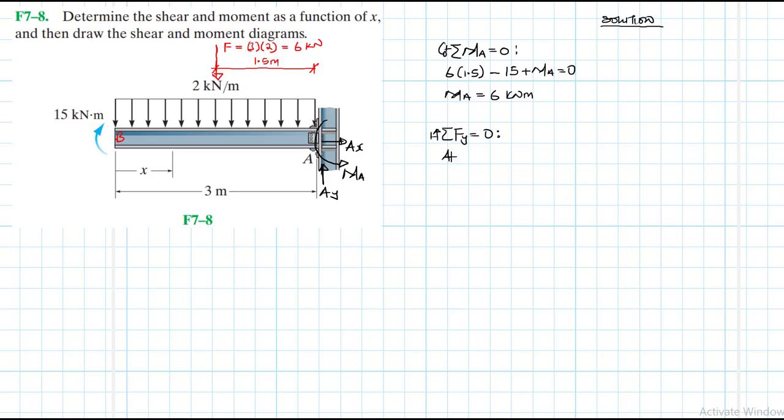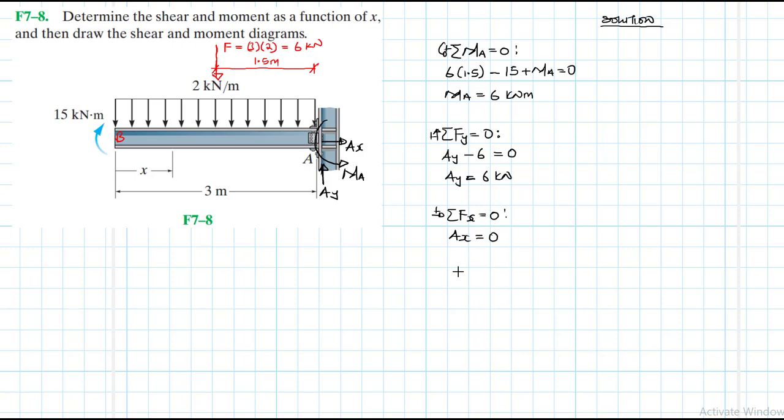We have Ay minus 6 equal to 0. Therefore, our Ay is just going to be equal to 6 kilonewtons. We have summation of forces in the x direction equal to 0, like so. And we know that Ax is just going to be equal to 0.